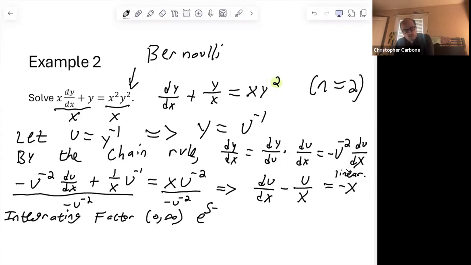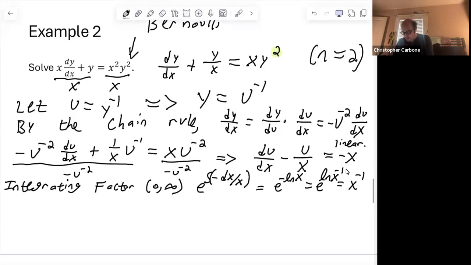But this is going to be e to the integral of negative, and I should include parentheses for this, negative dx over x. There we go. And that is going to give us e to the negative natural log of x, which is e to the natural log of x to the negative first power, which, since the natural log and e cancel, is x to the negative first power.